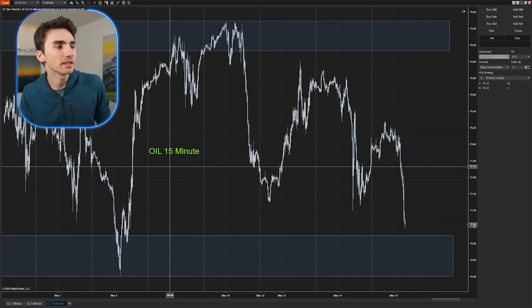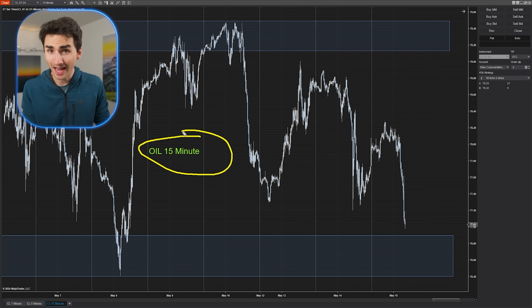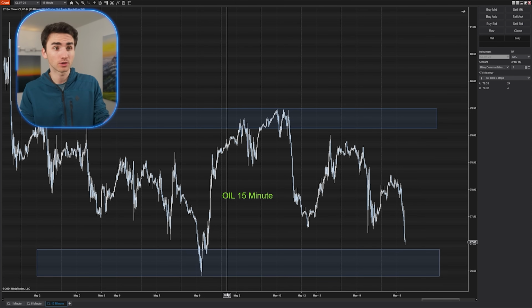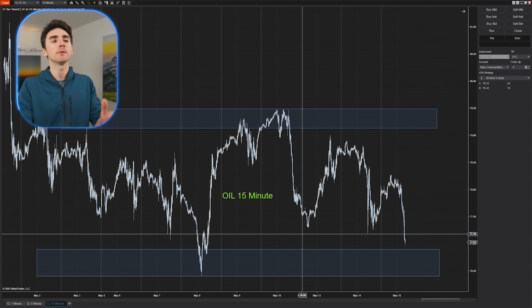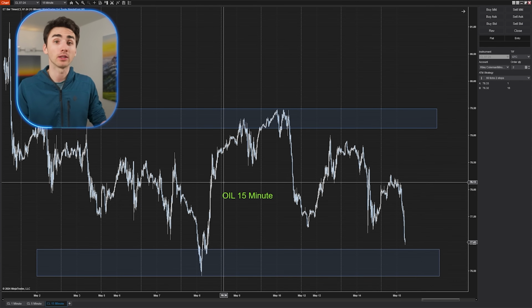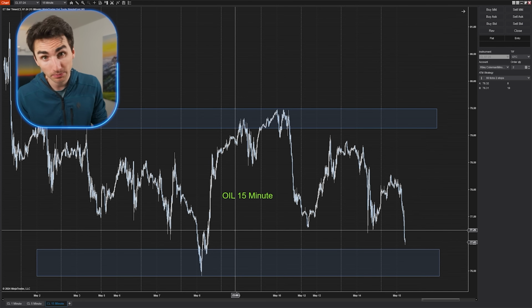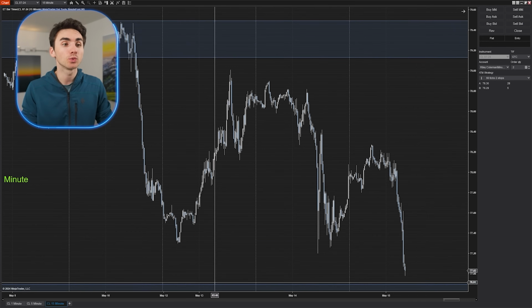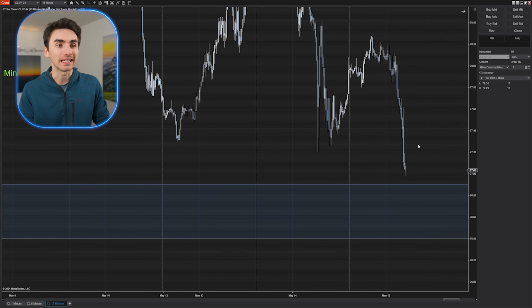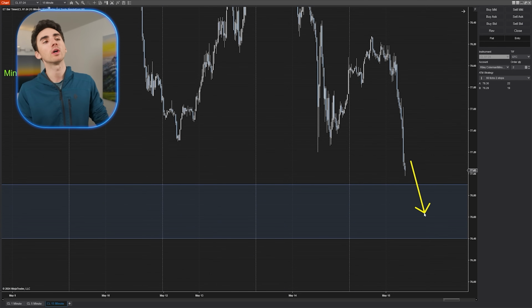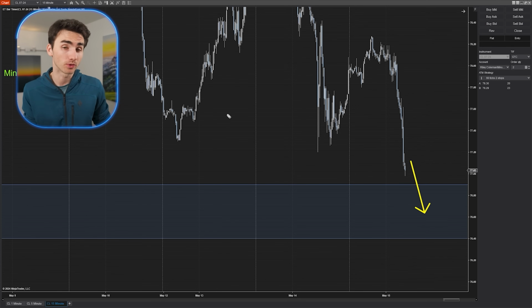I draw these levels off of a 15-minute chart. I trade futures, but you can trade whatever you want, and you can use this on different time frames as well. The whole idea is that drawing these zones off a larger time frame makes them stronger, because larger time frames are more likely to be respected. Then I wait for the market to come down into this level, look for a simple entry checklist that I've developed over the years, and jump into a trade based on that.